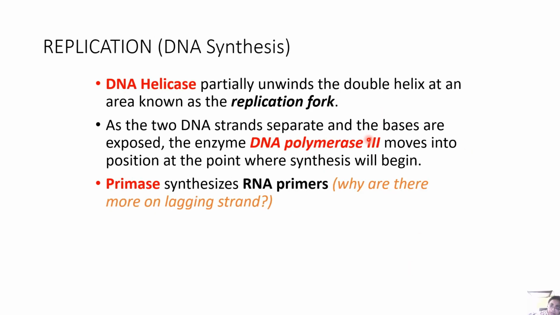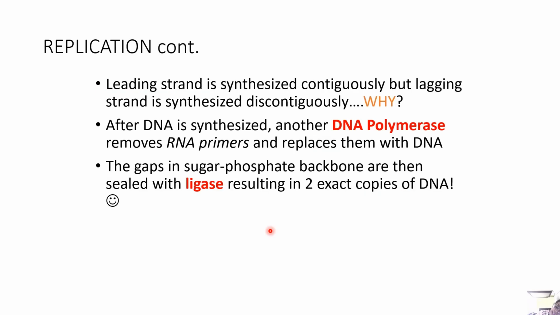As the two DNA strands separate and the bases are exposed, the enzyme DNA polymerase 3 moves into position at the point where synthesis will begin. Now primase synthesizes RNA primers. Now why are they needed on the lagging strand? The leading strand is synthesized continuously, but the lagging strand is synthesized discontinuously.